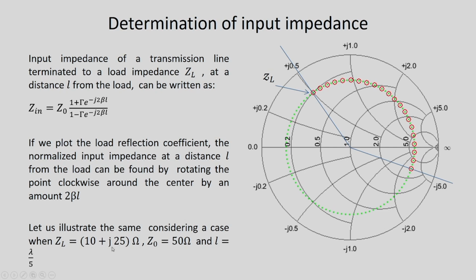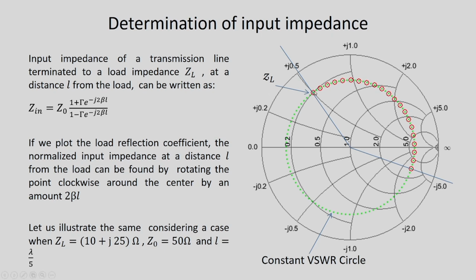If you divide 10 plus j 25 by 50, you will get 0.2 plus j 0.5, and from this point, if you draw a circle, this circle is called the constant VSWR circle. So, any point on this circle has the same magnitude of reflection coefficient and therefore the same value of the VSWR.